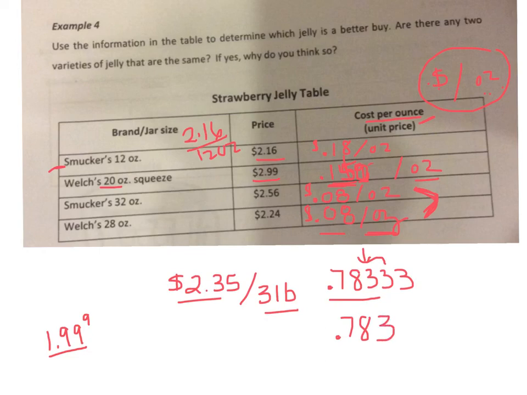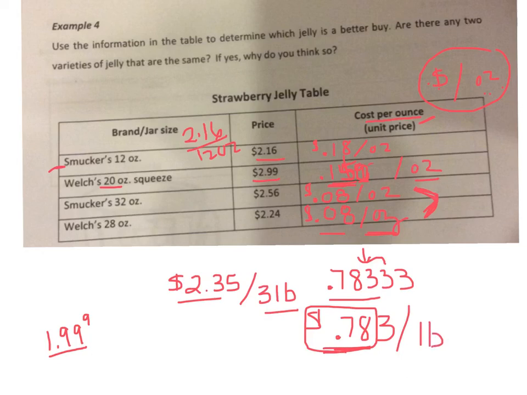Now when I ask how much money is that, you're not going to say 783 cents, I hope. You can see it's 78 cents and a little more. The 3 just means there's a little bit more than 78 cents. It is not 783 cents. When we want to read cents, it's only 2 numbers past the decimal. So I would say this is 78 cents per pound.